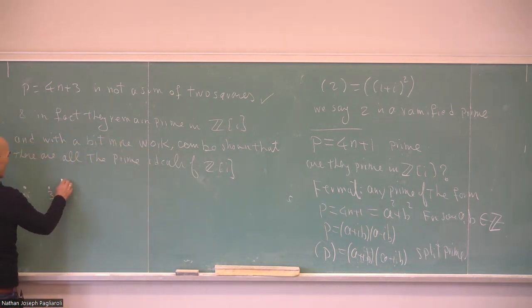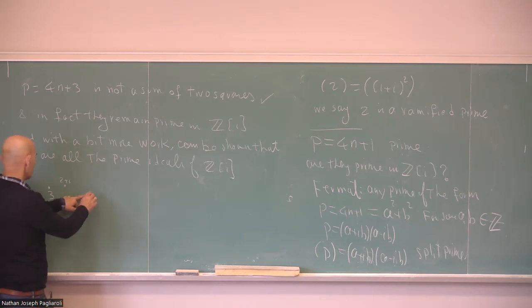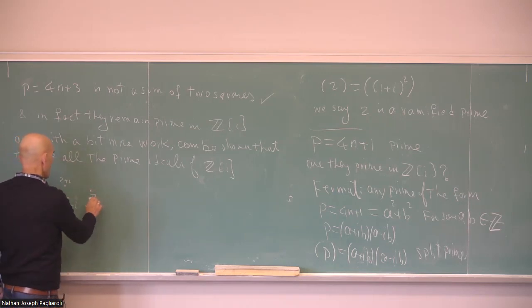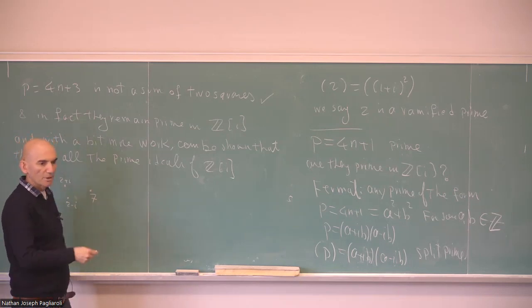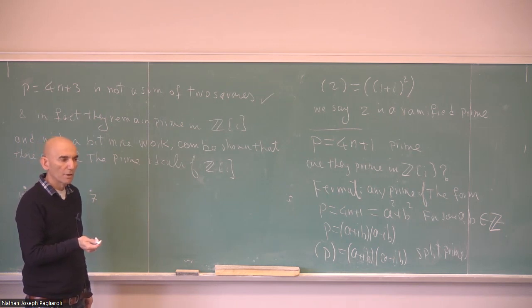So the other one is like 2 plus i and 2 minus i, which corresponds to 5. What about 7? 7 remains prime, right? 9 is not a prime, 10 is not a prime, 11. What about 11?